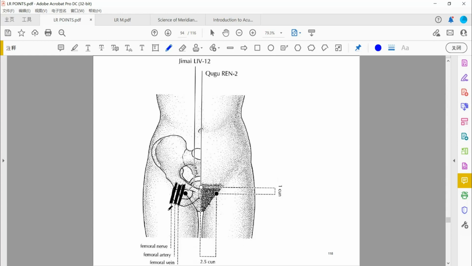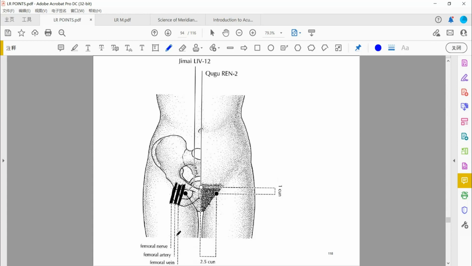So we need to pay attention to the structures here: femoral nerve, artery, and vein. This one is beside the vein.